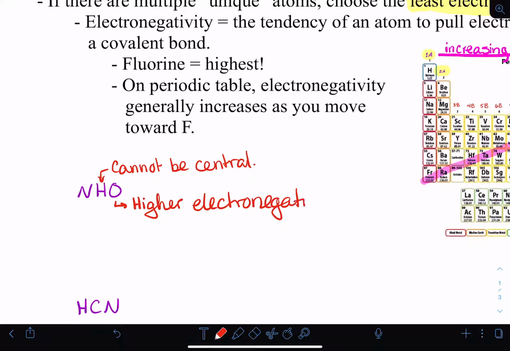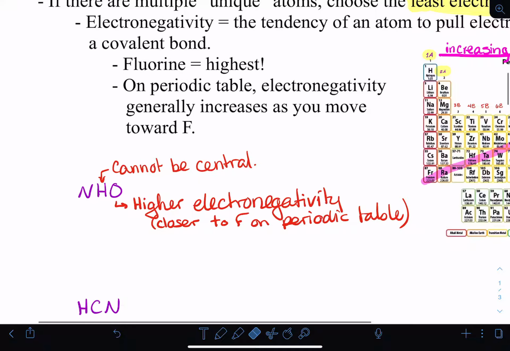We know that because it's closer to fluorine on the periodic table. That is going to prevent it from being able to share with multiple different atoms if there is a better alternative.